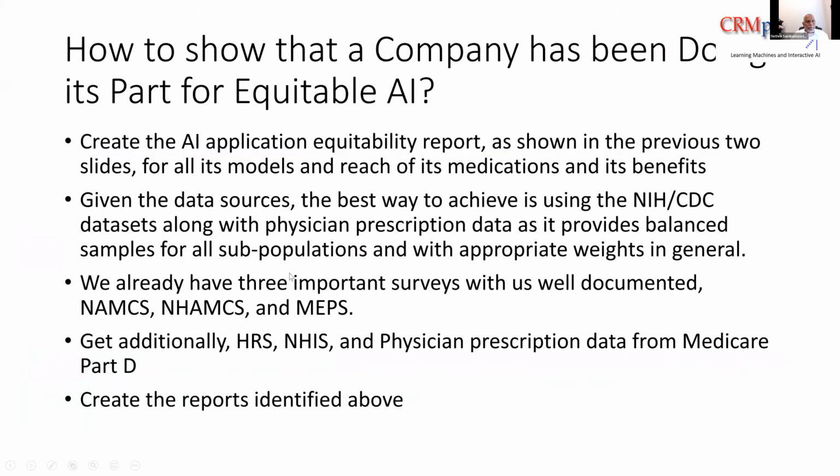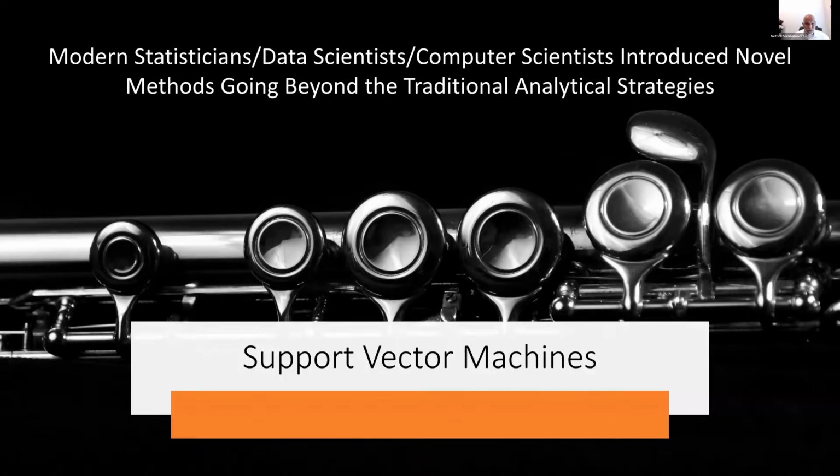All right. So I was talking about how to show that a company has been doing its part for equitable AI. I talked about the NIH surveys and so on. You have to combine and see whether subpopulations are well explained. Which subpopulations are not well explained? And if it is not well explained, don't use it. That's a point.